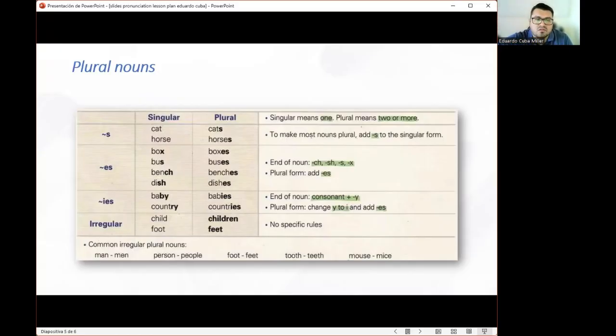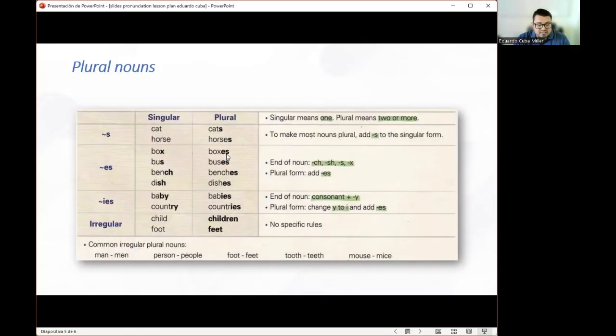What are the rules for the plural nouns? The general rule says that I only need to add the letter S. If my noun ends in vowel E, we are going to add the letter S. Now, if my noun ends in X, S, CH, or SH, we are gonna add the ES.